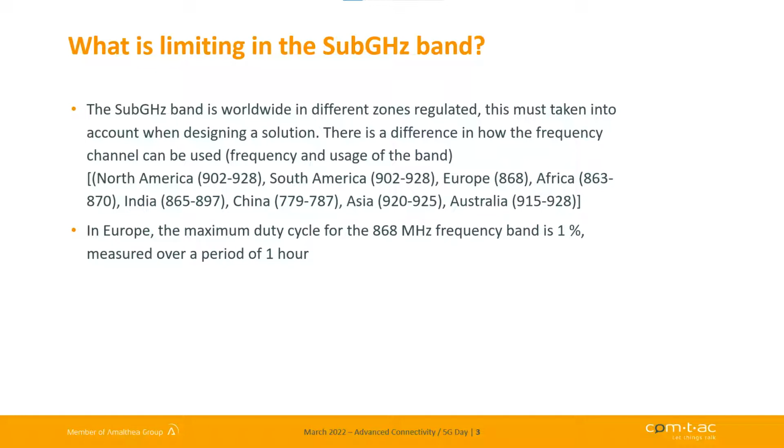Let's take the example from Europe. In Europe we have the regulation that we are only allowed 1% send time, measured over 1 hour. This brings a big limitation and means we cannot send a lot of data.